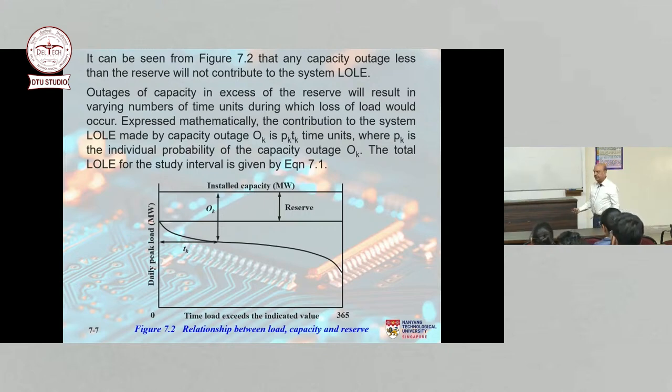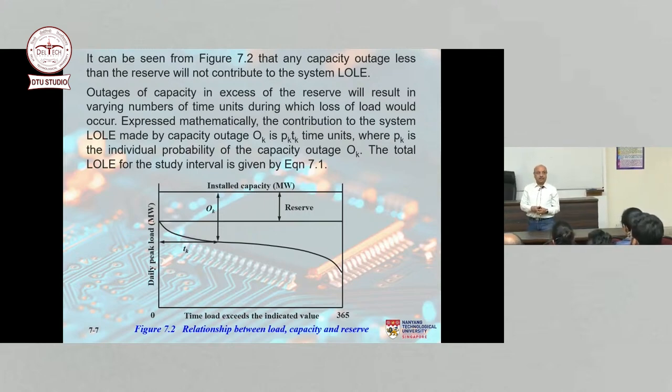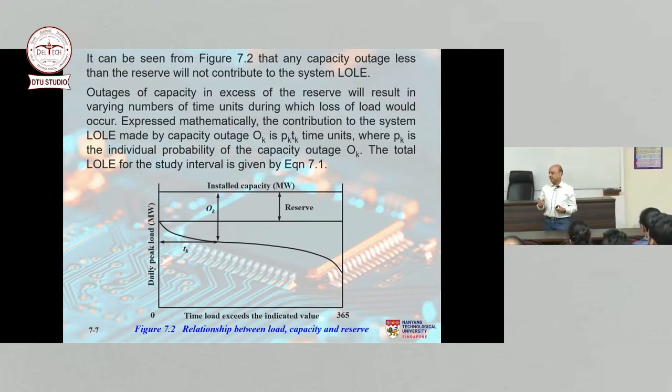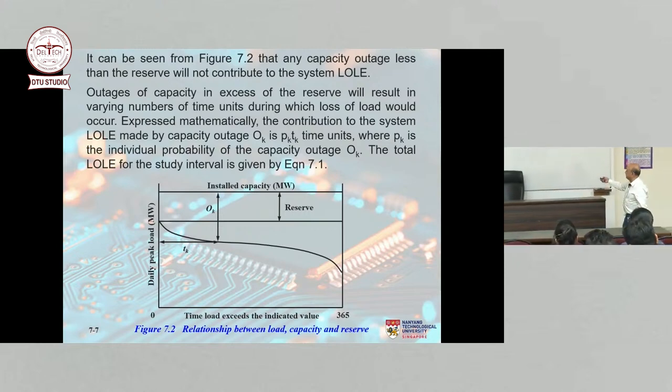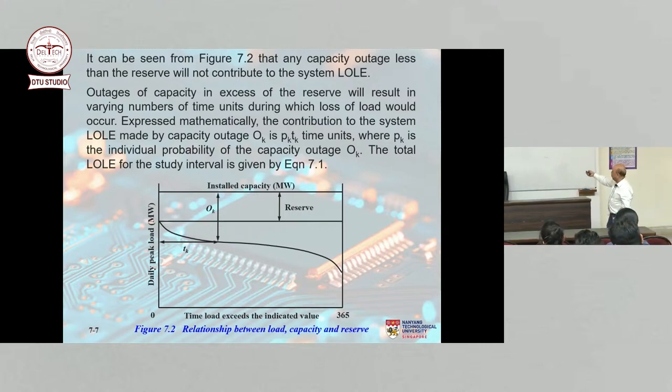And how do we find the LOLE? What is LOLE? Loss of load expectation. Remember the key word, expectation. On the first day, I told you that expectation is nothing but the mean, correct? Basically, the word expectation is the same as the mean. So, in other words, if I have so many scenarios, O1, O2, O3, O4, T1, T2, T3, T4, if I do an expectation, what will I get?